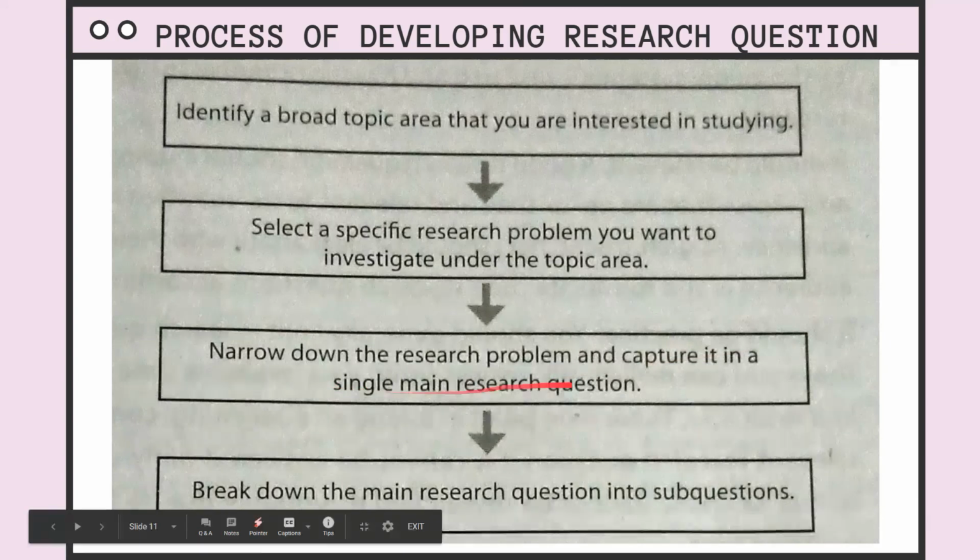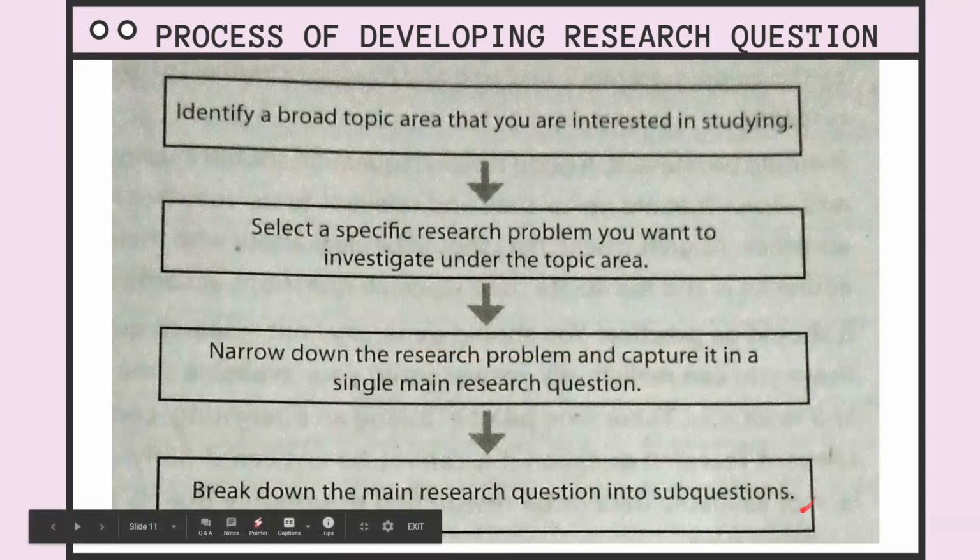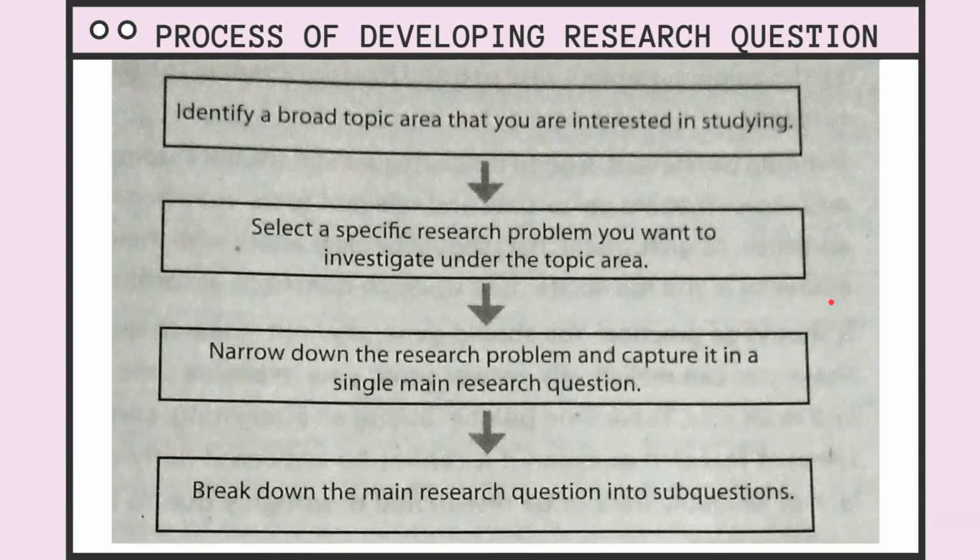So first we have a main research question, and then we have sub questions for that. Okay, so these are the steps, or this is the process. We've already gone through 1 and 2. In the following weeks, after our consultations, we will go with 3 and 4. Okay, so that is the process of developing a research question.